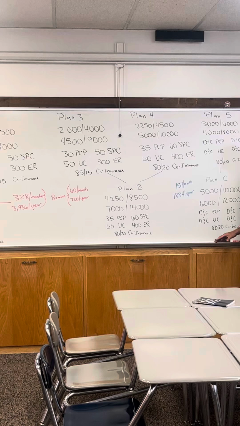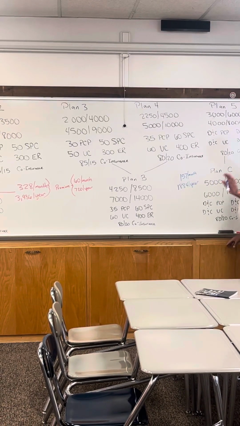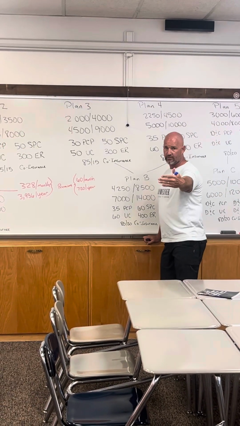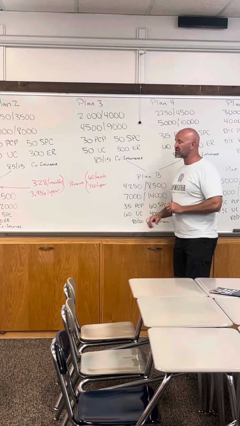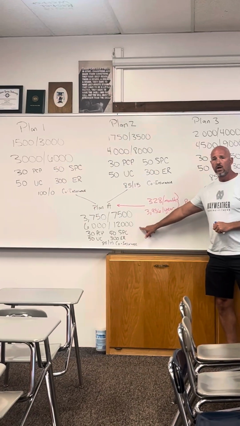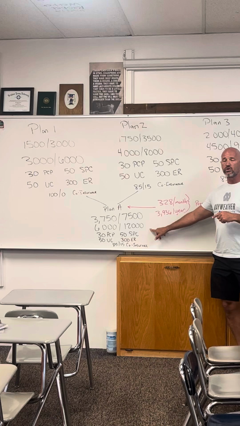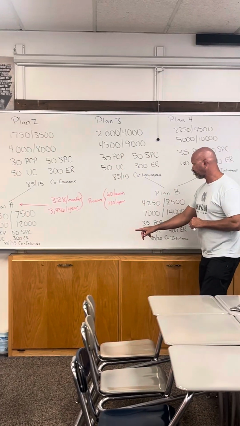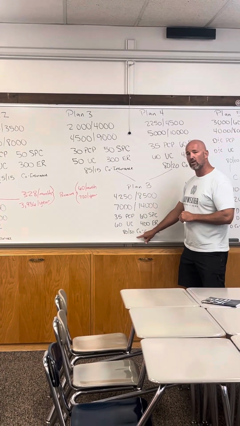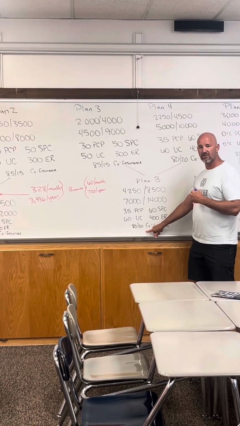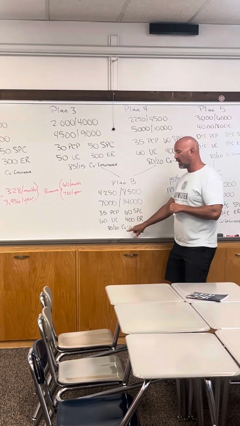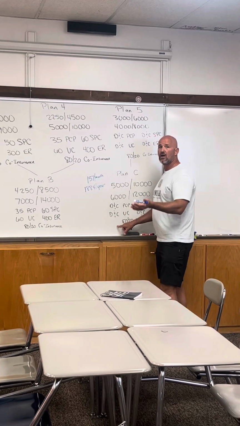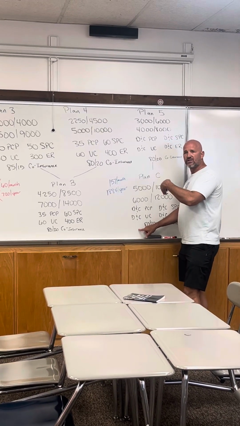Now, something we don't have up here that you have to consider as well is prescriptions, okay? With prescriptions on Plan A, there's no deductible per person, there's no deductible per family, okay? On this one, it was $250 per person, $750 for a family, okay? And on this one, your prescriptions go towards your RX deductible, okay?